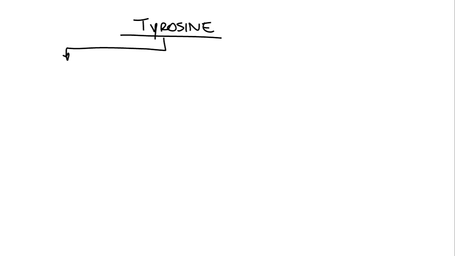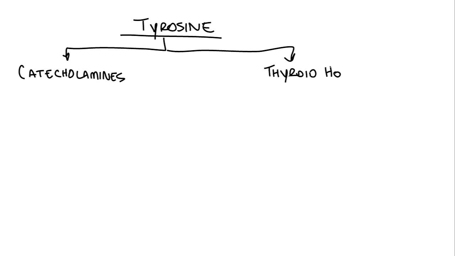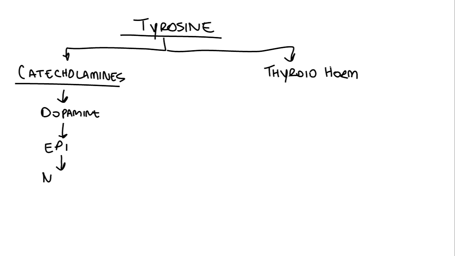Tyrosine is our second primary amino acid derivative. Those get broken down into catecholamines and then thyroid hormone. Let's talk about catecholamines first. Catecholamines are your dopamine, your epinephrine or adrenaline, and also norepinephrine. These guys are also neurohormones, meaning they have a dual function.